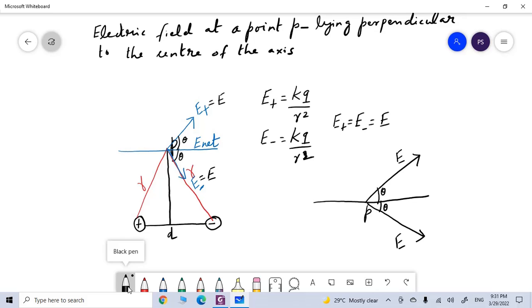If you want to resolve this particular vector into horizontal and vertical components, let's take another pen. This is going to be the horizontal component, and that's going to be E cos theta.